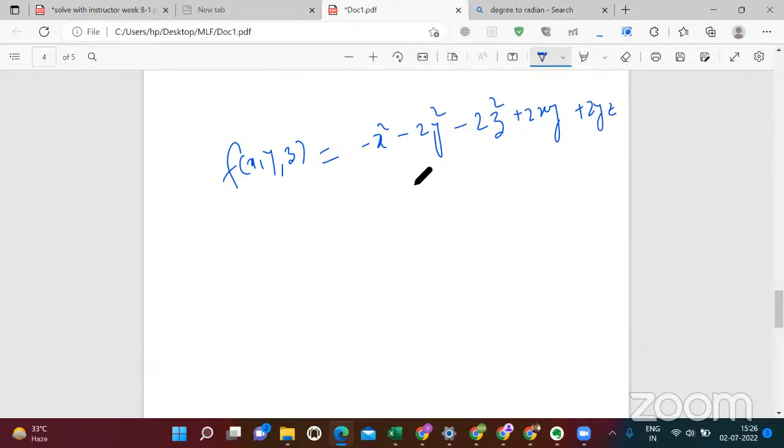Okay, so how will you write the matrix for this equation without having any options? I will try. I'll also try to write, but how will you try to write this?